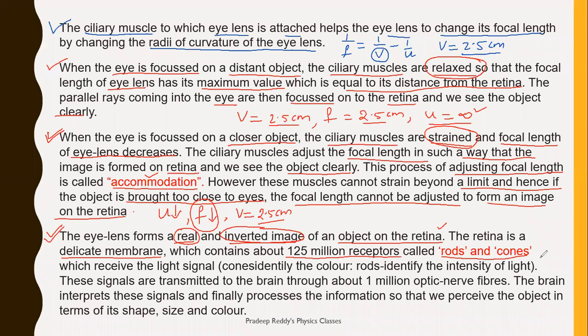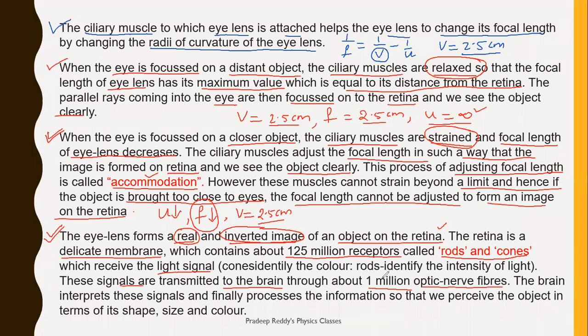These rods and cones receive the light signal, and these signals are transmitted to the brain through about 1 million optic nerve fibers.